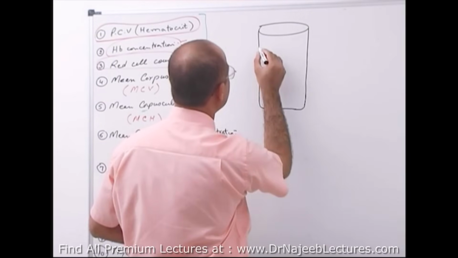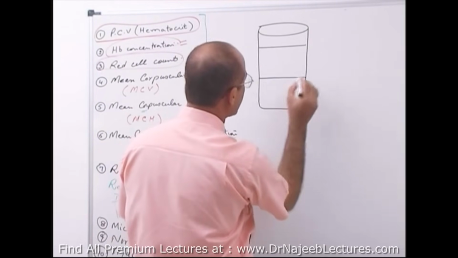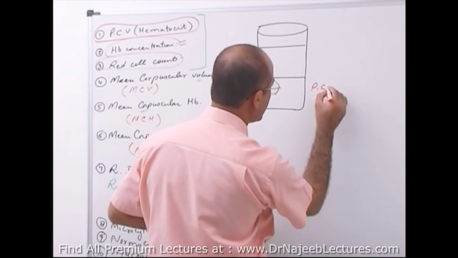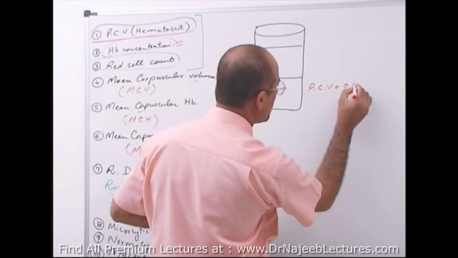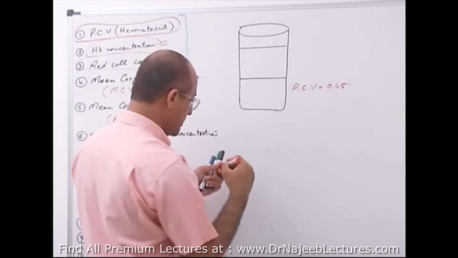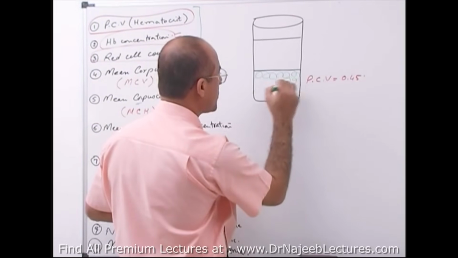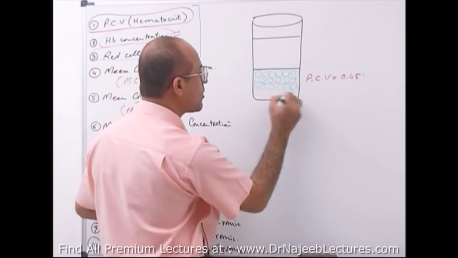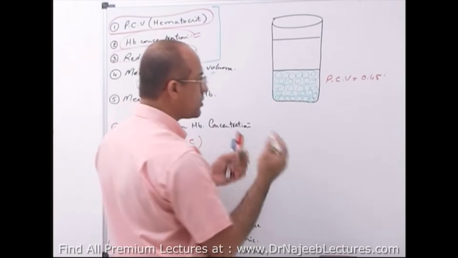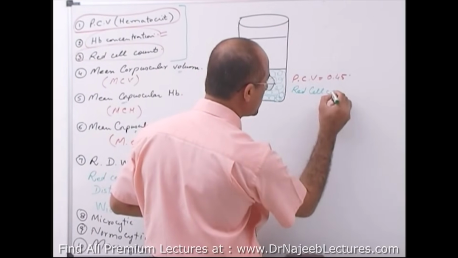This was our patient. This is the total amount of blood. Here it was packed cell volume, and we said packed cell volume is how much? Yes, 0.45. And then in this person, of course, this is all, what is this? Red blood cells. So packed cell volume is occupied by a certain number of red blood cells. So we also talked about red cell count.